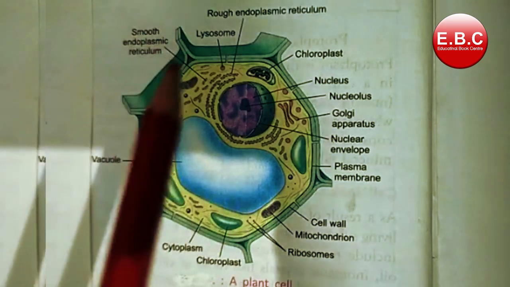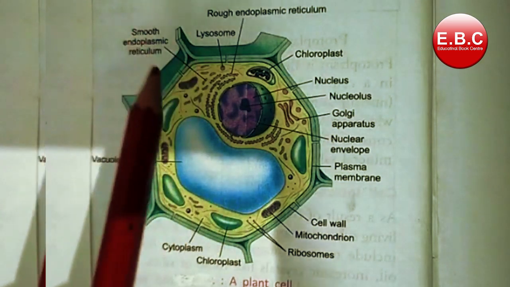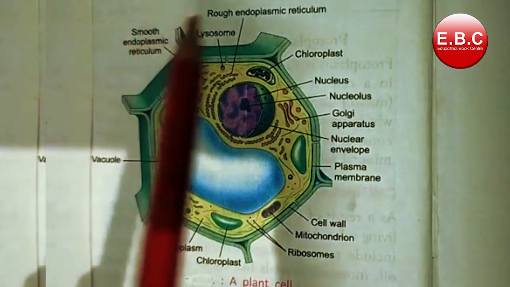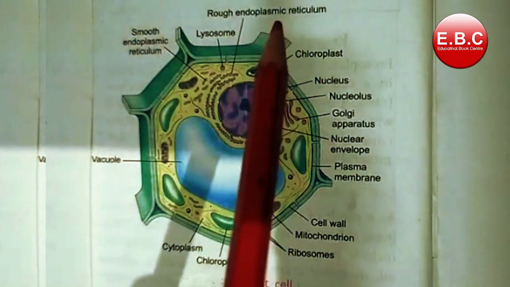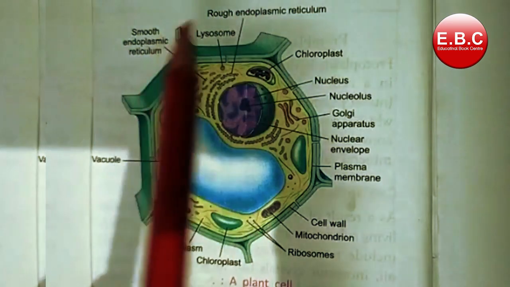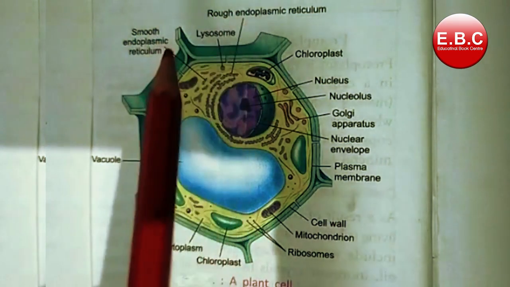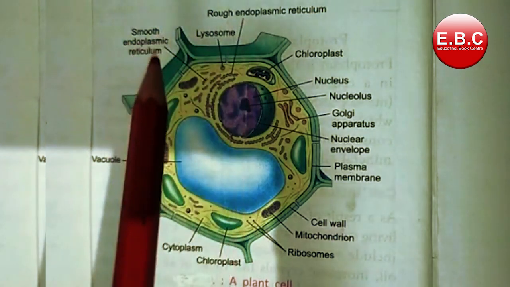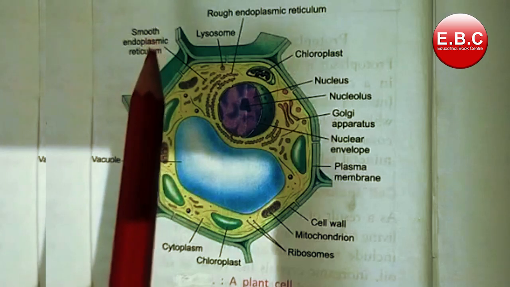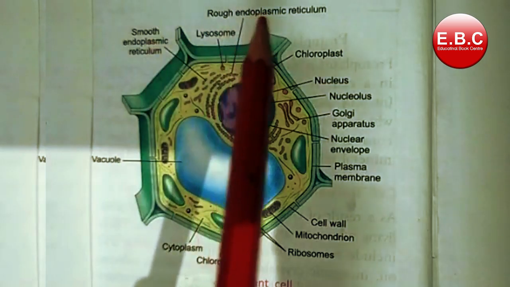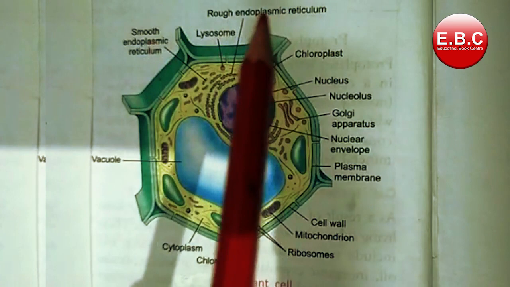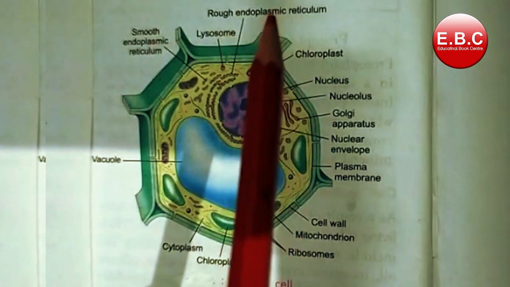After that, we discuss smooth endoplasmic reticulum and rough endoplasmic reticulum. Endoplasmic reticulum is of two types, that is smooth endoplasmic reticulum, which we also call SER, and rough endoplasmic reticulum, which we call RER.